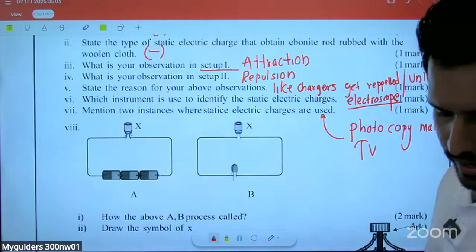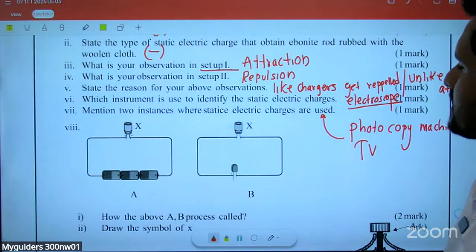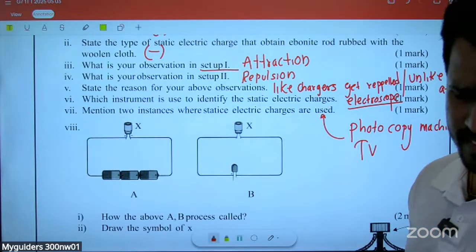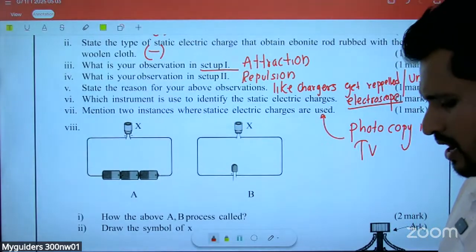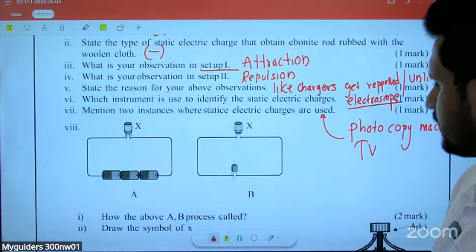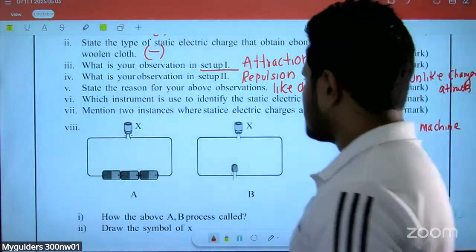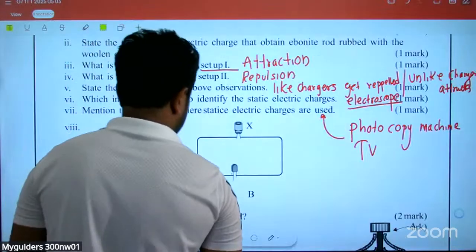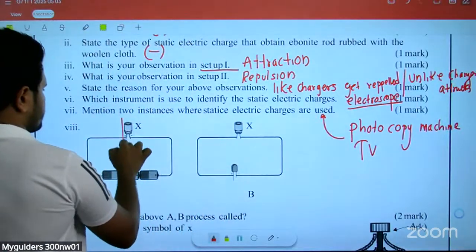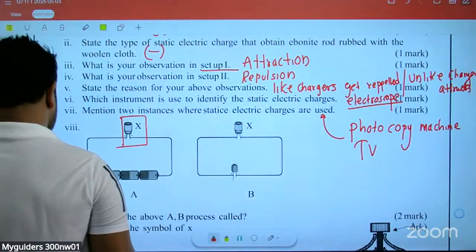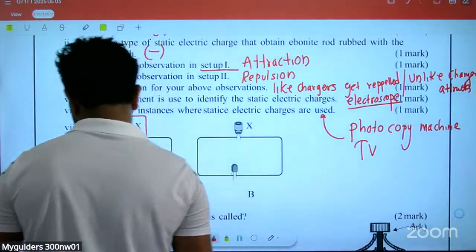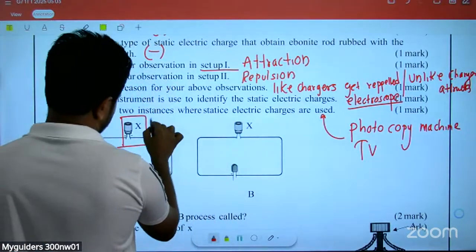You can observe 2 different circuits, two small circuits given here. Here you can observe this is a capacitor. Yes, here's the capacitor.